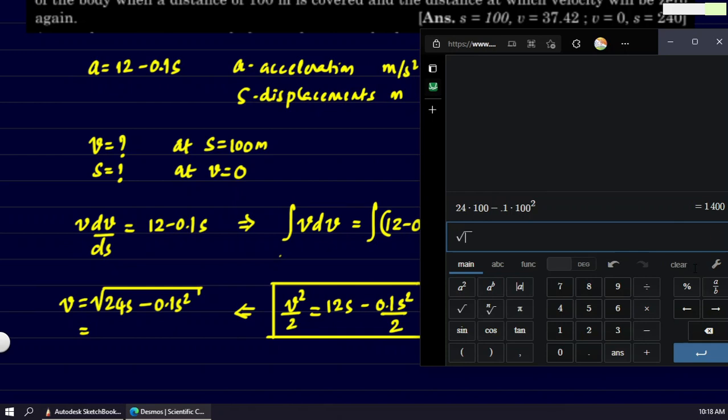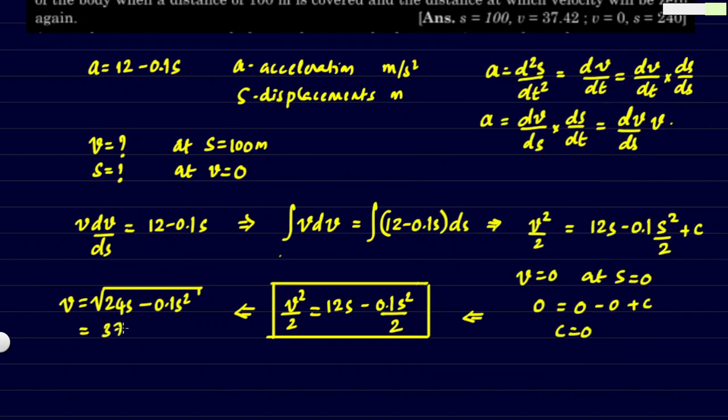We need the square root of this, and we are getting the value of velocity as 37.42. This solves our first part: the velocity at displacement 100 meters.